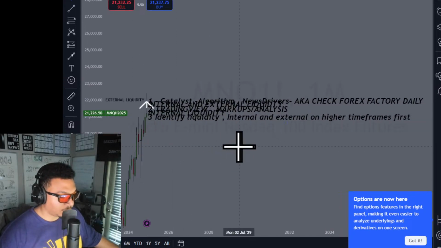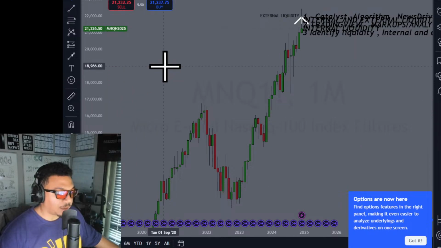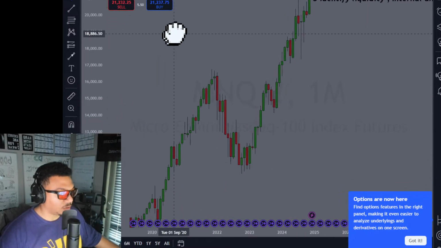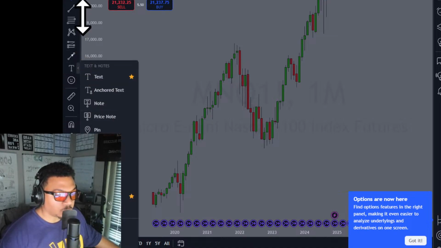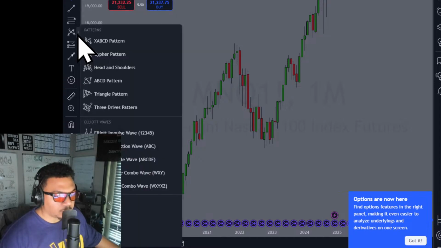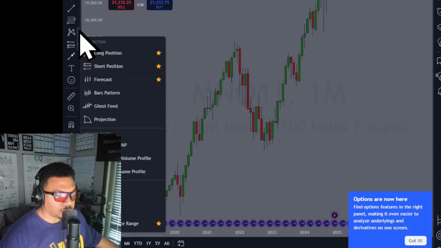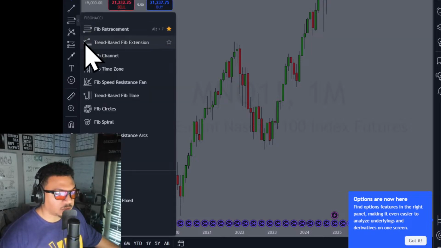So on the monthly time frame, we can look at some old price action. I know all that stuff is jumbled up here, but here's a form of internal and external liquidity working itself out again, because it's just a balance in price action. And we will go over different ways to enter on that, but that's the main concept we want to focus on right now, internal to external liquidity.